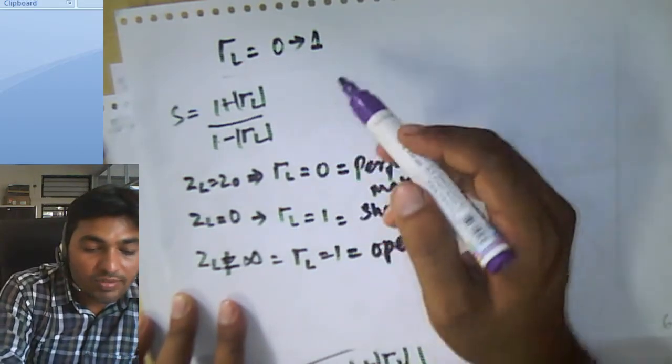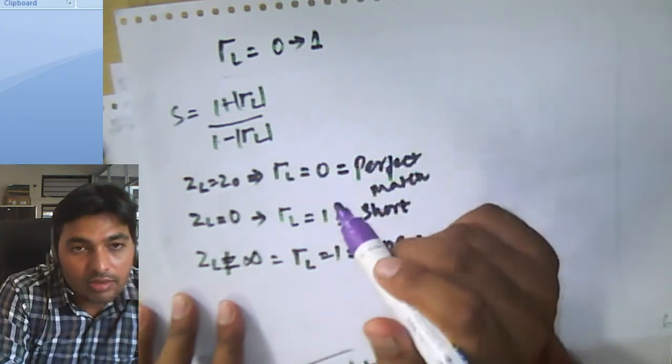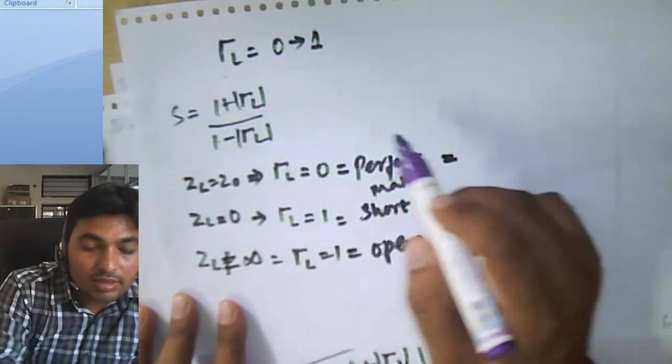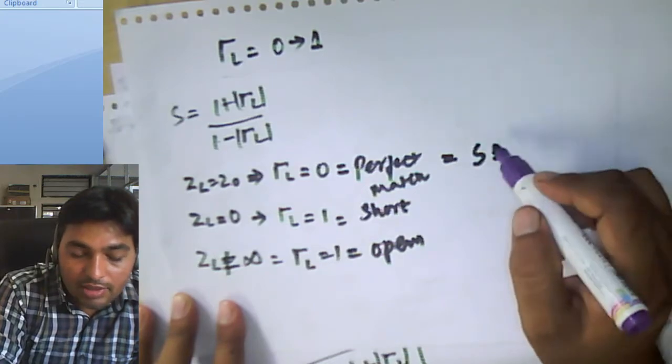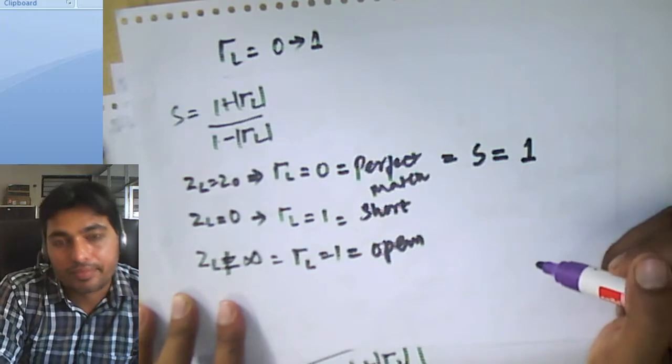For perfect match, that is ZL equal to Z0, the reflection coefficient is equal to 0. Substituting this in the definition, we get VSWR equal to 1 divided by 1, that is 1.